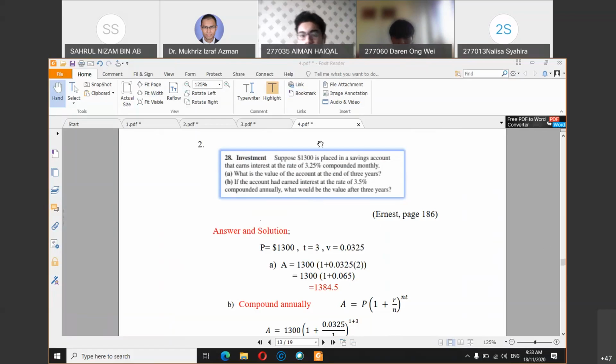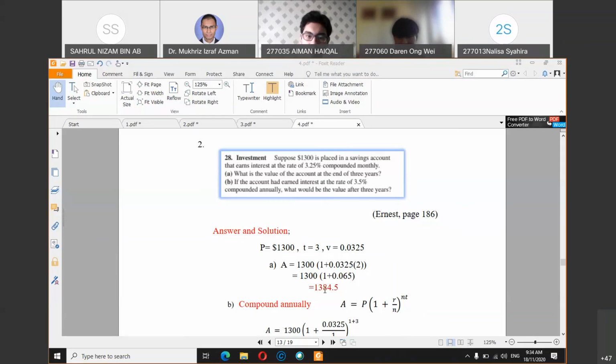This one is compounded on a monthly basis, right? Yes. So what's the difference between monthly and yearly in terms of the formula? This one is supposed to be 3 years? Yes, 3 years, not 2 years. It's a typing error.